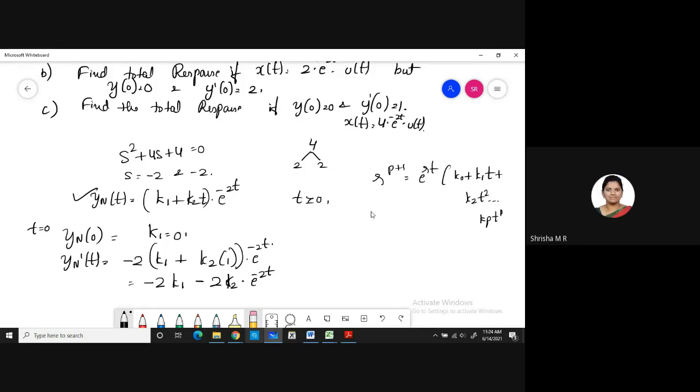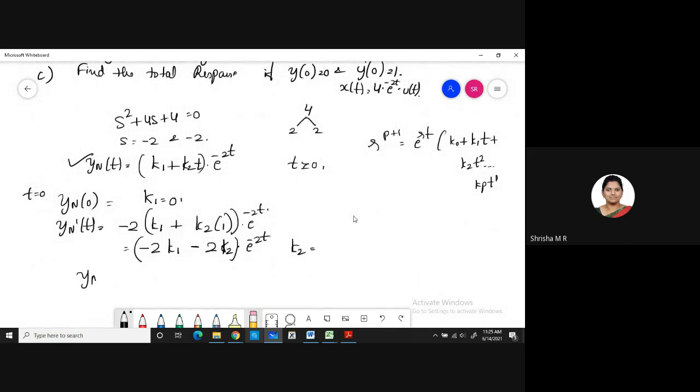Yes, ma'am. So what is k2? If t is equal to 0, yn dash of 0, if you substitute t is equal to 0 in this equation yn dash of t, you have -2 k1 plus k2 is equal to 1, right?